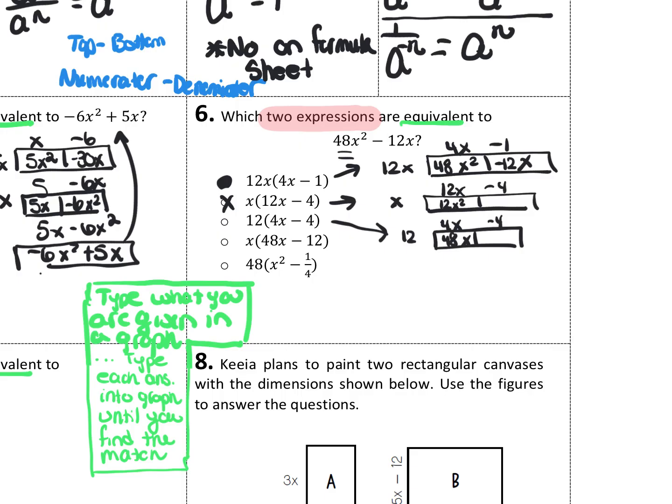I'm supposed to have an x squared, so it's not that one either. Next, x out front, 48x, and then a minus 12. 48x times another x makes a 48x squared. Negative 12 times x is a negative 12x. That one matches, which means the last one must be wrong, and so my two answers are the first one and the third one.